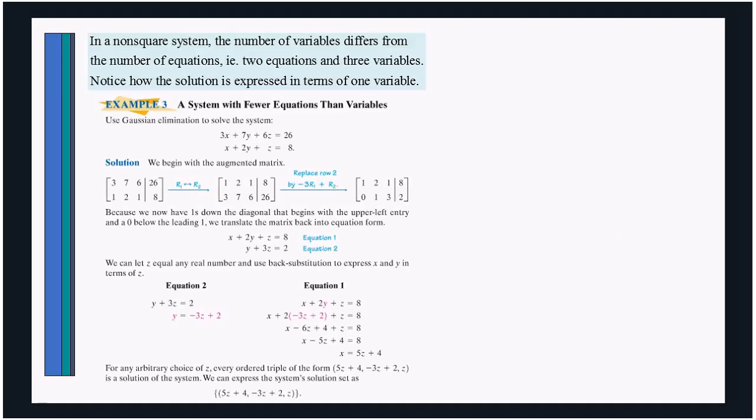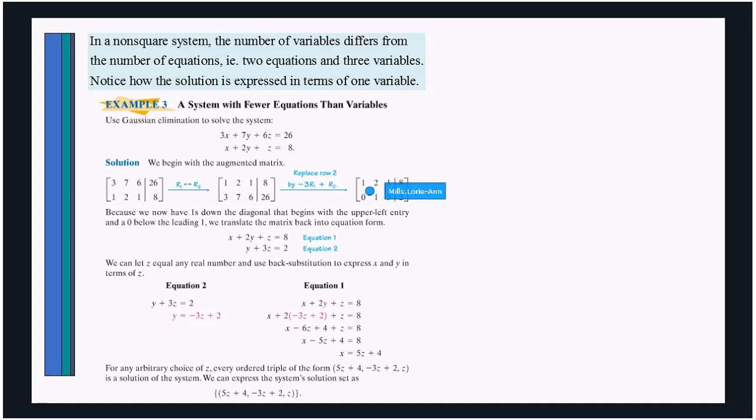So here's the equation. Here's the 2 equations in 3 variables. And so what they do is they put that in a matrix, and they can only have 2 rows. And then they take that matrix with the coefficients and put it into row echelon form.